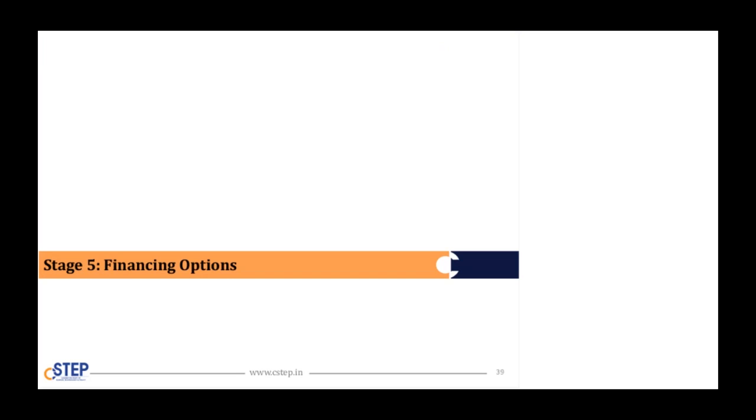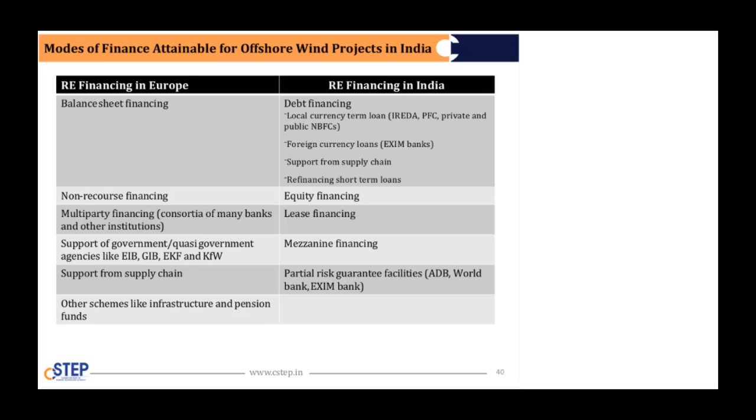The financing options available today to developers in stage 5 that we'll discuss are, say in India, debt financing or taking foreign currency loans; support on the supply chain, where sometimes vendors fund other supply chain members lower down the chain to build capacity; or refinancing short-term loans, taking loans on equity, mezzanine financing, etc. The new convention seen in Europe is that they take direct balance sheet financing.